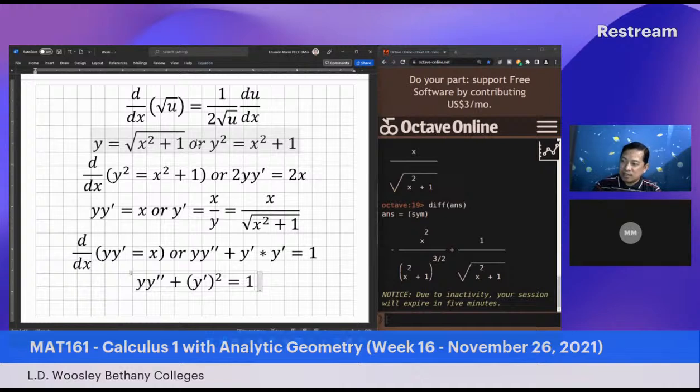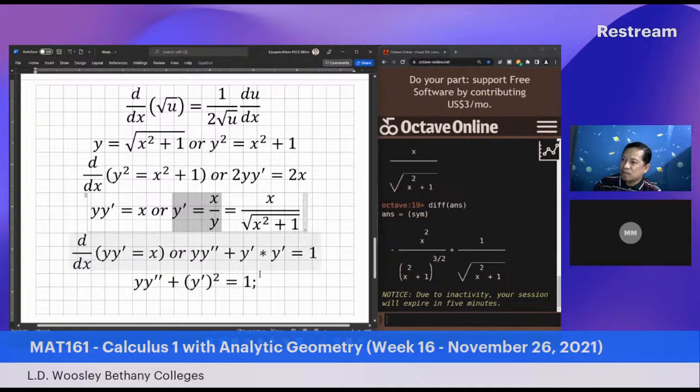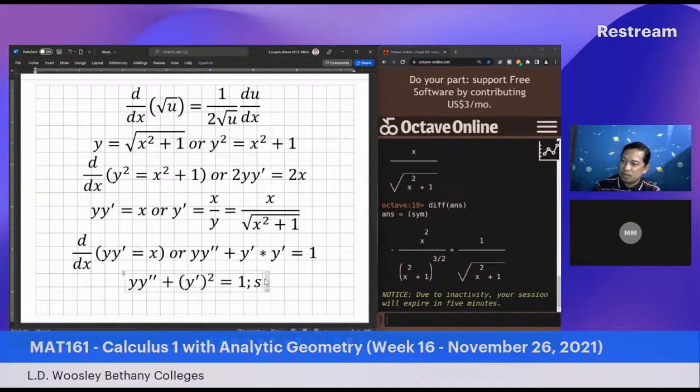So but since we know that y prime, since alam natin, pwede na natin substitute yung y prime. So, alam natin yung y prime ay equal to what? Equal to y over x. Ito. Substitute na natin. No? Substitute na natin yan. Substitute y prime equal to x over y.